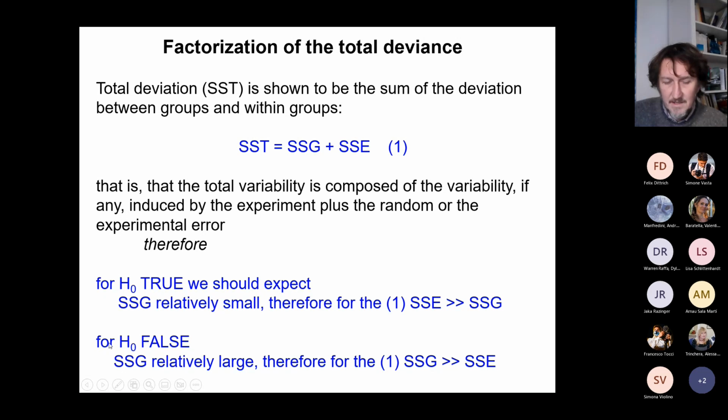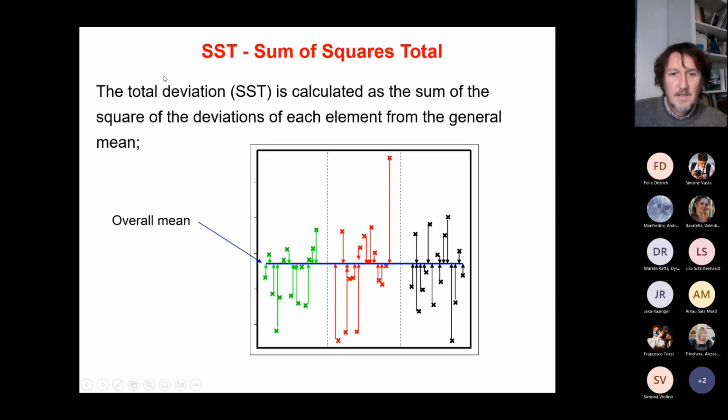The alternative: if the null hypothesis is false, SSG should be relatively large. Therefore, SSG is much greater than SSE. Graphically, what is the total sum of squares? If this is the overall mean of these three groups, it is the squared distance of all observations from the overall mean.